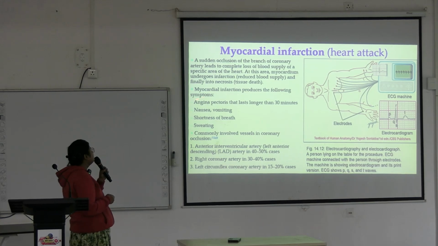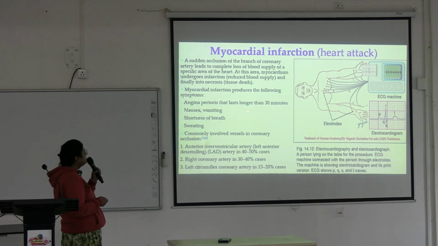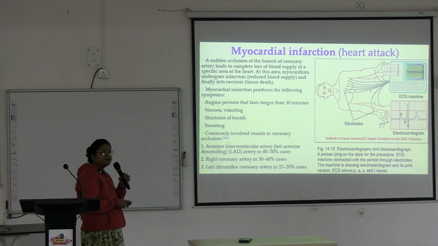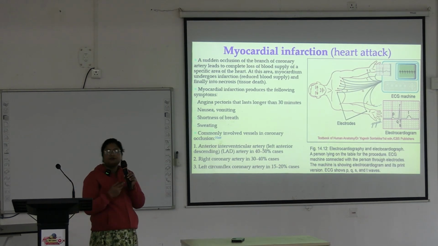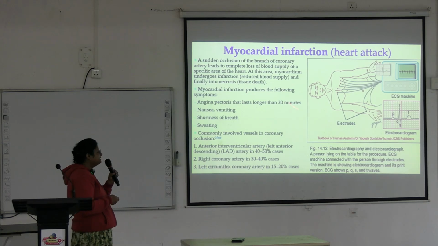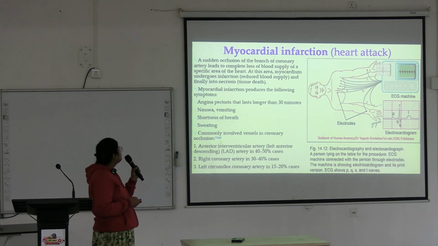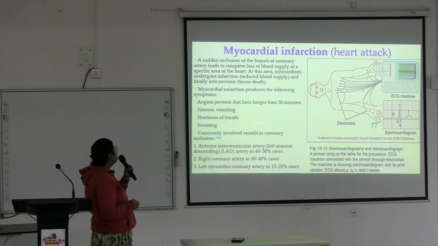An infarction produces the following symptoms: angina pectoris that lasts longer than 30 minutes. In unstable angina it lasts about 20 minutes, and in stable angina 15 minutes. And there will be nausea and vomiting, shortness of breath, sweating.